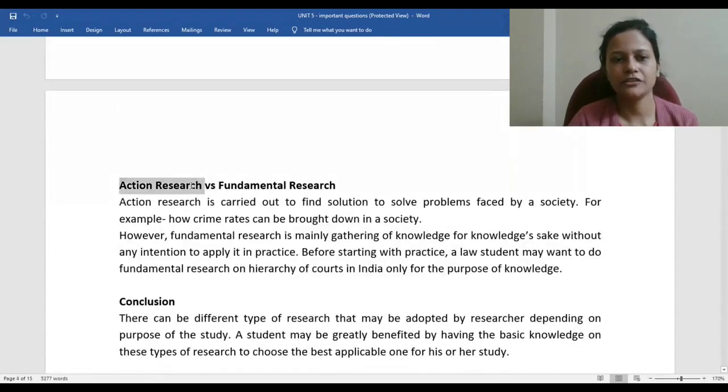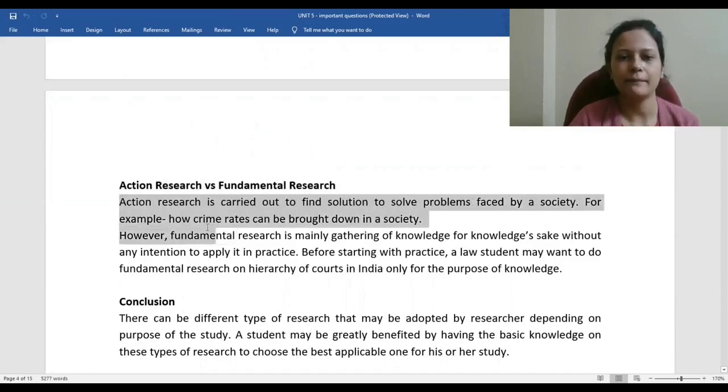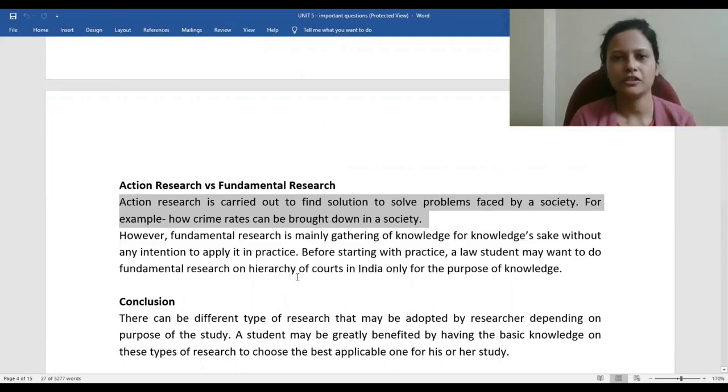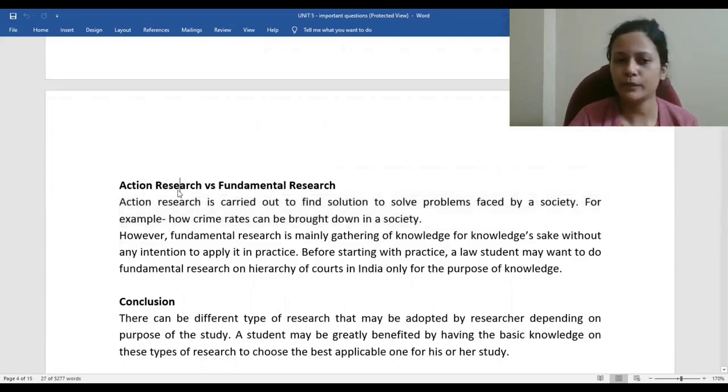Next one is action research and fundamental research. Action research is carried out to find a solution to problems faced by a society. For example, how crime rates can be brought down in a society. As the name itself suggests, it is to take an action. So what is the main purpose of doing this research?